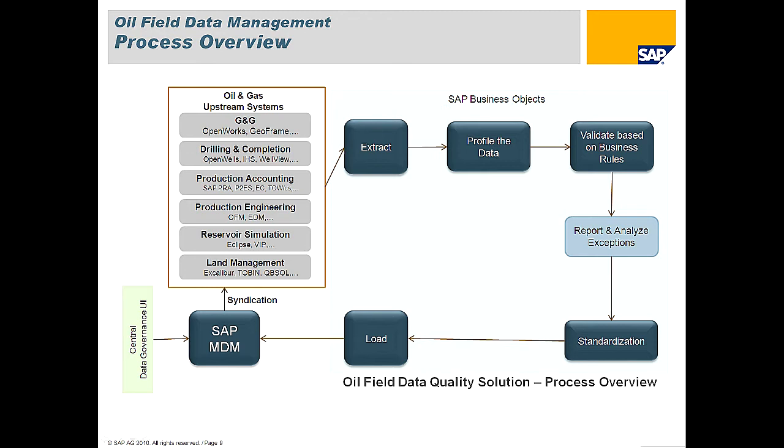Once you have the clean set of records, load it into MDM, all done leveraging Business Objects Data Services. In MDM, we have built a schema covering the different aspects of a well, leveraging PPDM as I explained. Finally, we have also built a data governance model, a web-based solution, which acts as the entry point for all future well master creation and changes. So that is the process flow.